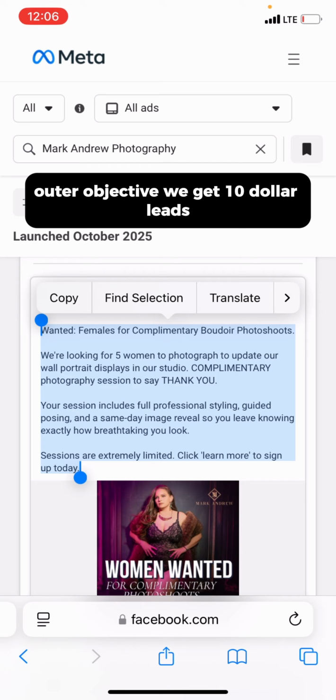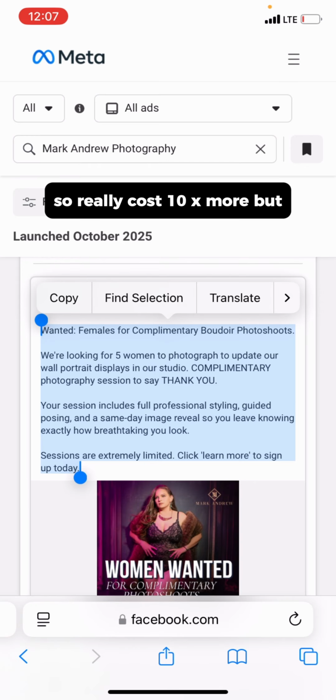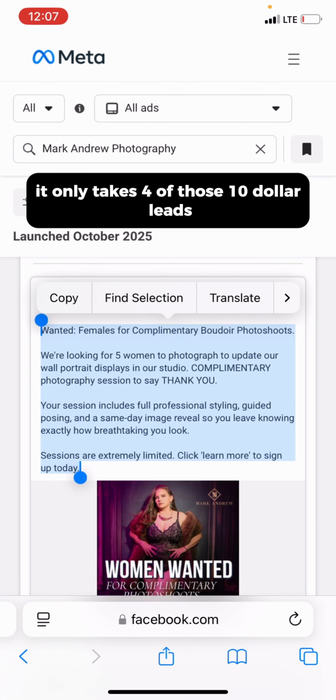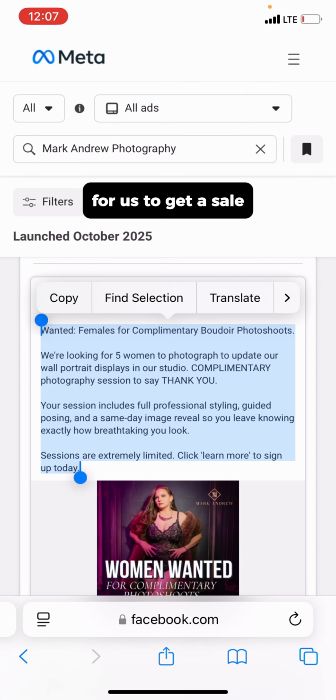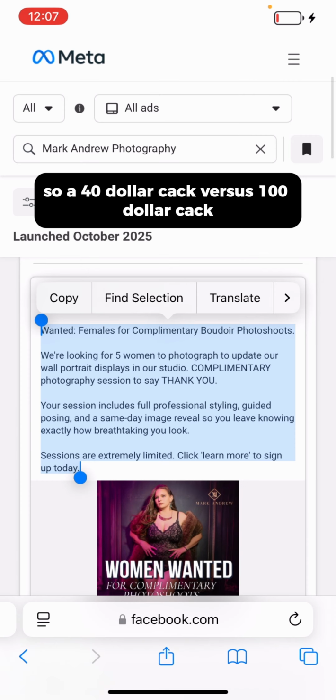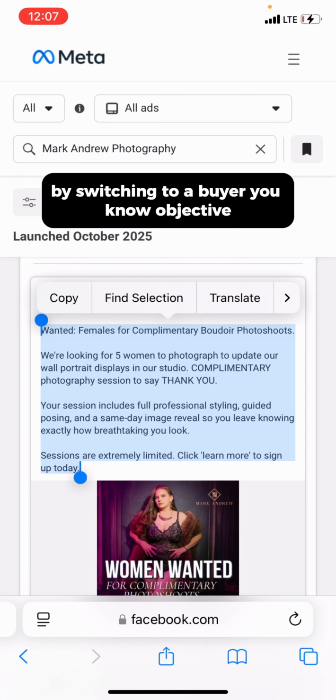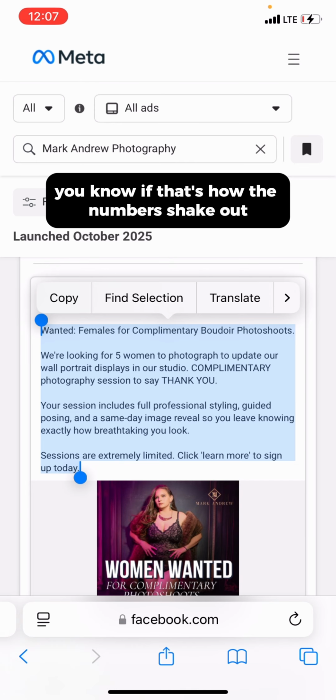We get $10 leads, so it costs 10x more, but it only takes 4 of those $10 leads for us to get a sale. So $40 CAC versus $100 CAC. So we just 2.5x'd the efficiency of our ad spend by switching to a buyer objective, if that's how the numbers shake out.